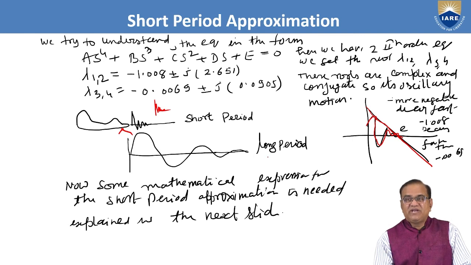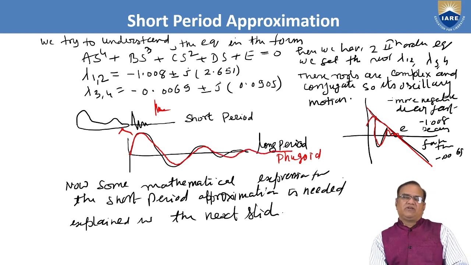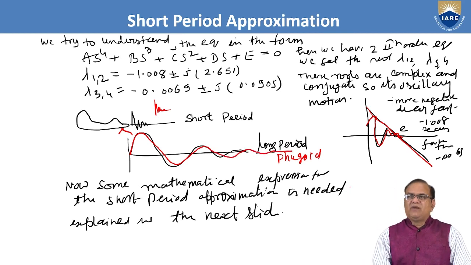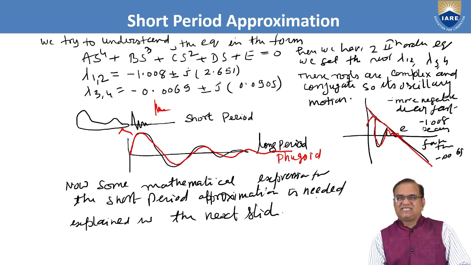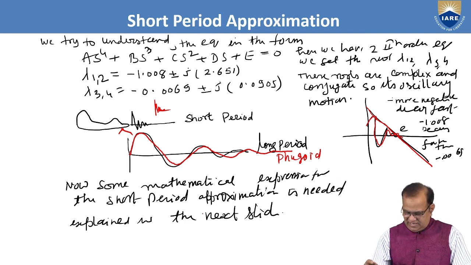But in the long period, which is called Phugoid, if you disturb, it will go and slowly, taking sufficient time, after some time it will come to its equilibrium position. Now some mathematical expressions for the short period approximation are needed, explained in the next slide.